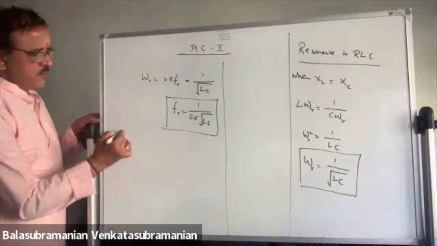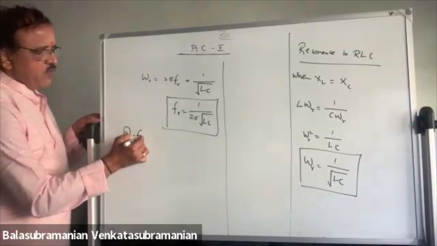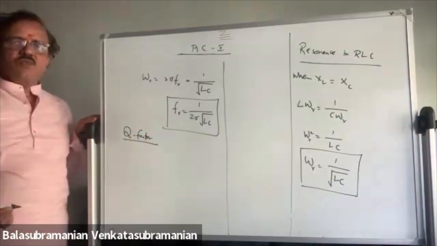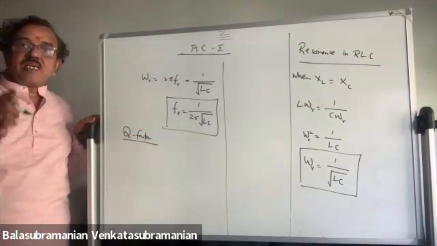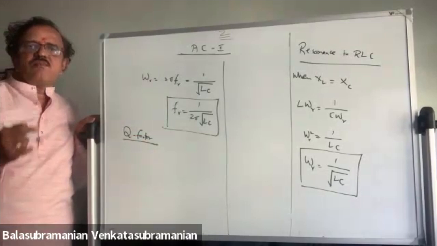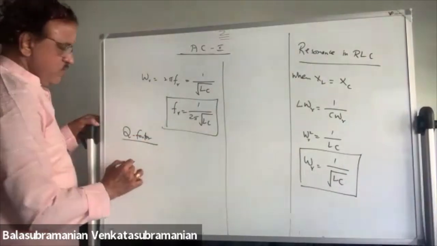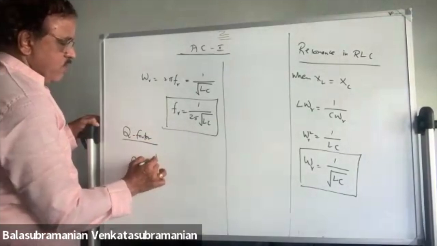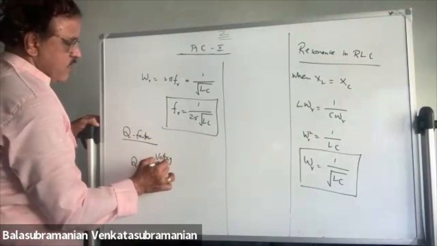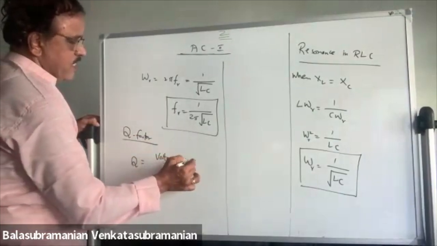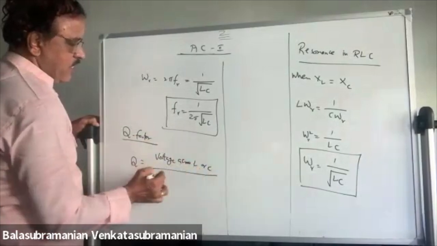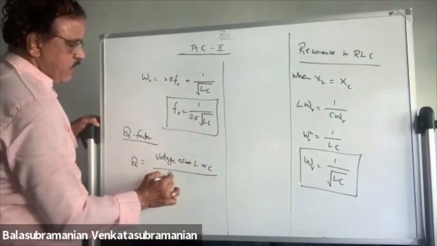There is one concept known as Q factor or Q value, where current is maximum. At resonance, current is maximum. Formula: Q is equal to voltage across L or C by applied voltage.